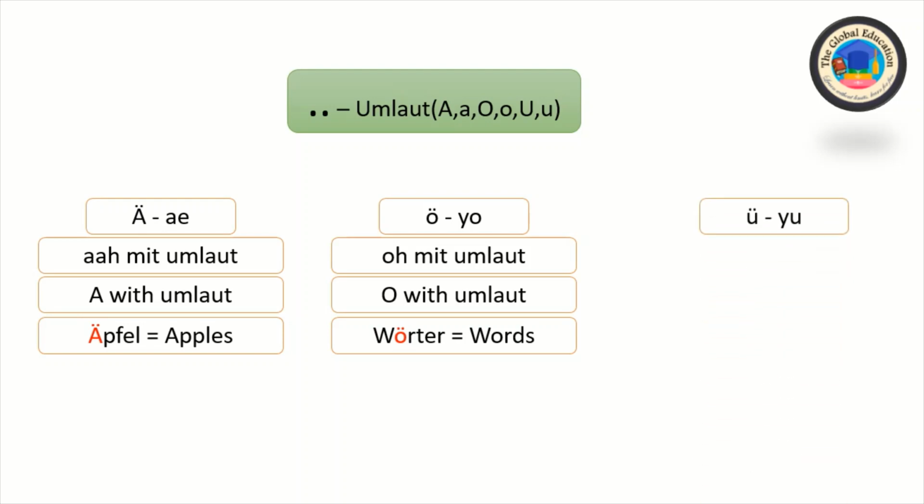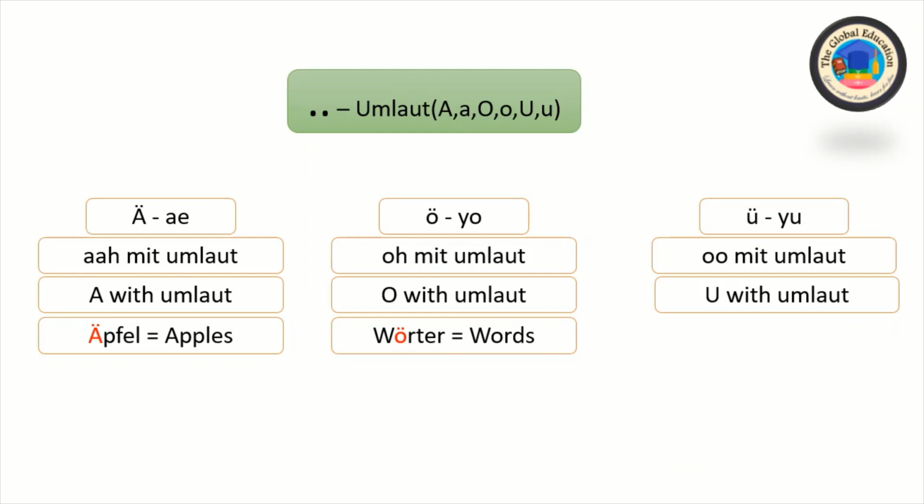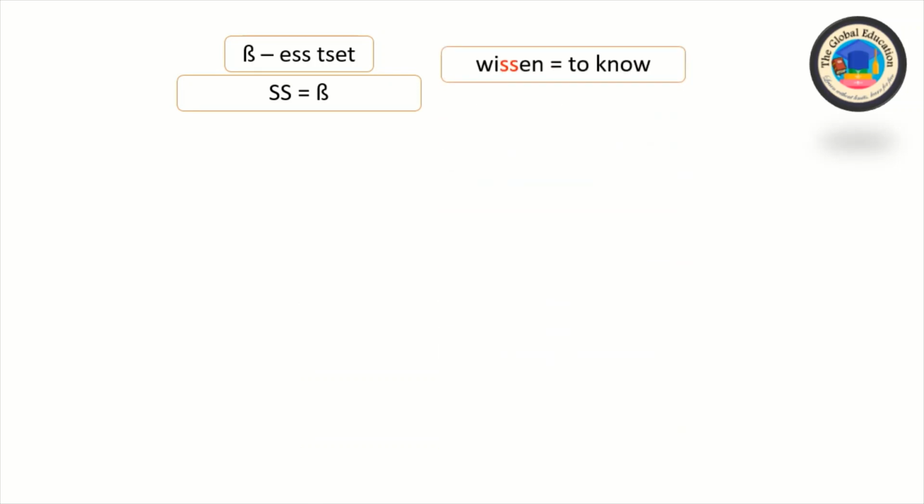U with umlaut, so you, for example in the word for brothers. And double S is also equal to beta. For example, the word for vision, which means to know.